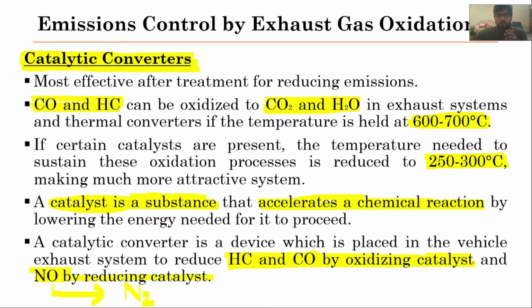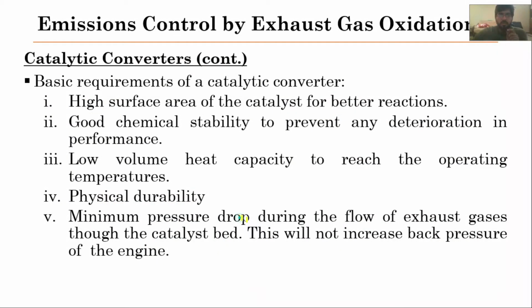So here you can see the basic requirements of the catalytic converters: it should have a high surface area of catalyst. For that purpose, as we have studied in the intermediate level, the rate of reaction increases when we increase the surface area.